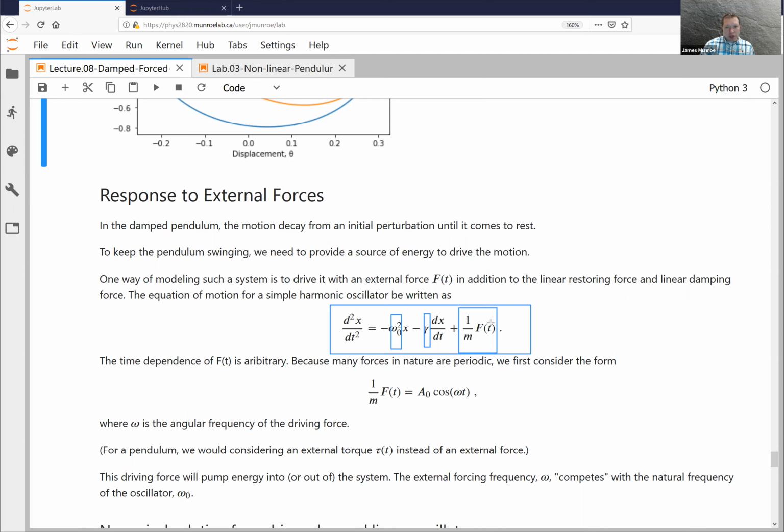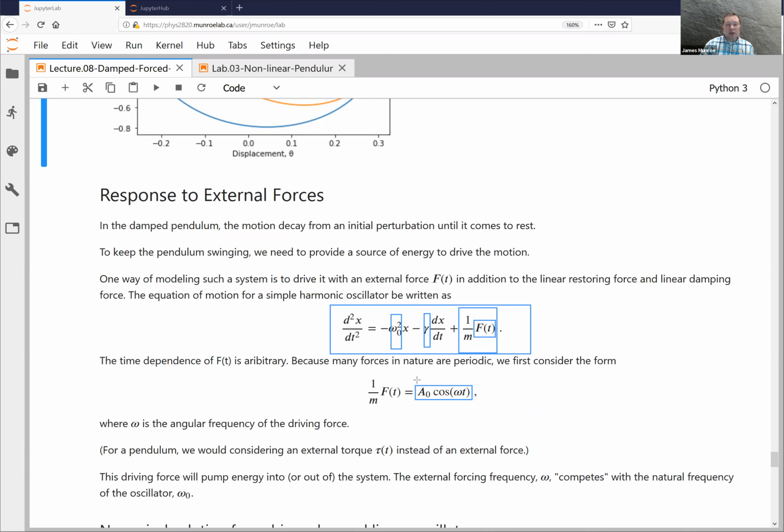And the thing about pushing it, if you think about pushing a child on a swing, you don't just want to push all the time. You want to push and not push in the right period, at the right frequency. You want to have a time-dependent force. Many of the forces in nature are periodic, so we can model that time-dependent external force as a periodic force.